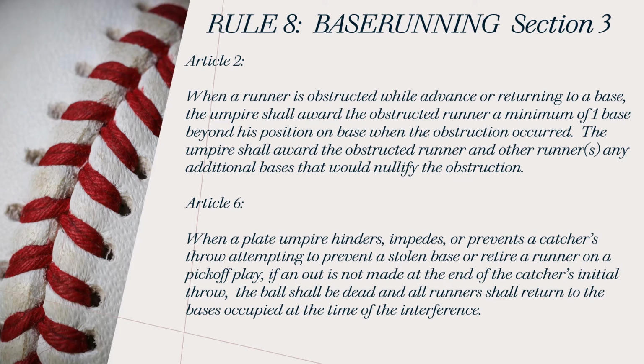So again, typically where this happens is a catcher comes up in his attempt to throw the ball, instead of moving forward, he stands up, maybe takes a step back, and as he brings his throwing arm back it hits the plate umpire, and then he makes an attempt to throw. If the runner is not out on that initial throw, then we come out from behind the plate, we kill it. We call time, we announce umpire's interference, and we move all runners back to the base they occupied at the time of the interference.